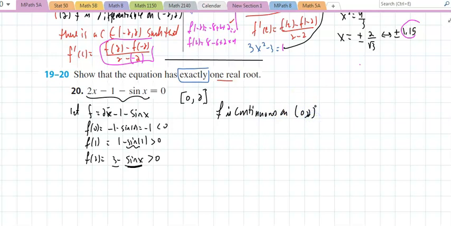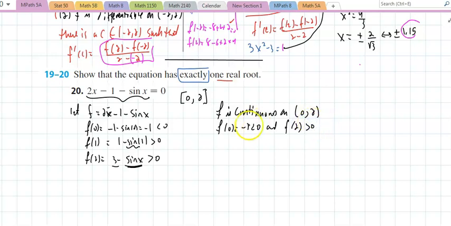That's all I have to say. F is continuous on the interval from 0 to 2. F of 0 is negative 1, which is less than 0. And f of 2 is bigger than 0.